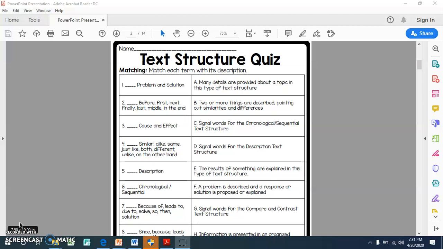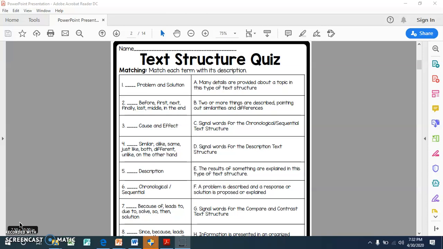Those resources are there for you for a reason. I don't want you to try to guess. If you aren't sure, then go, I'm going to go back. I'm going to listen to that lesson. I'm going to reread because I want to be sure that I have these structures clear in my head. So with that said, if you're ready, let's get started.